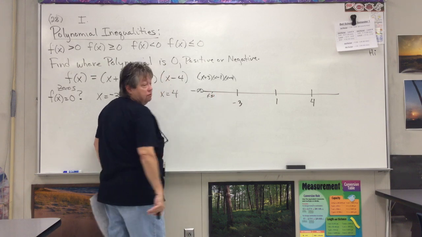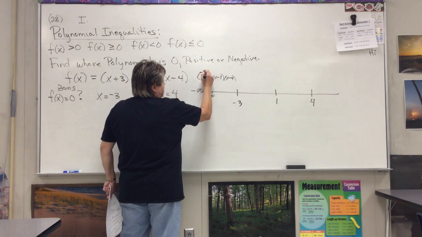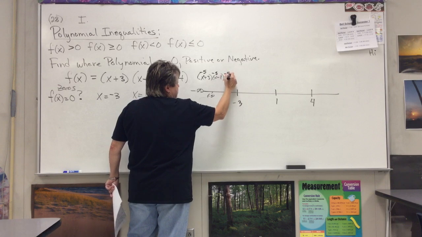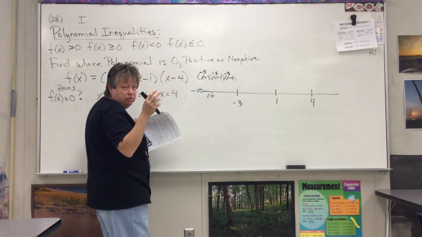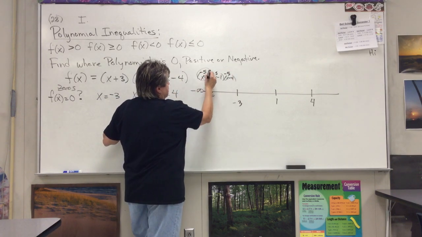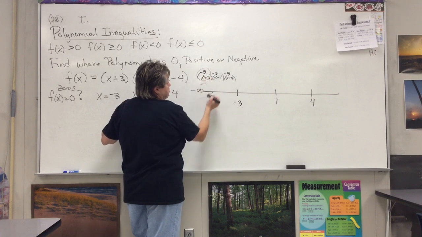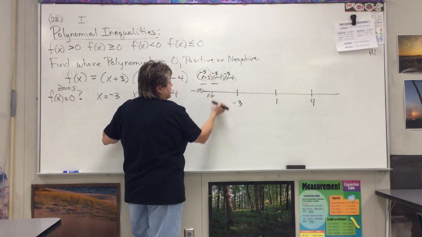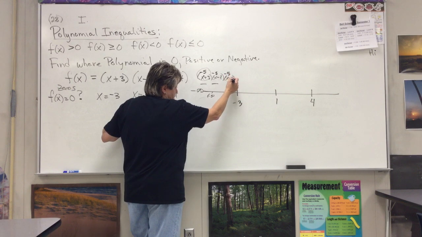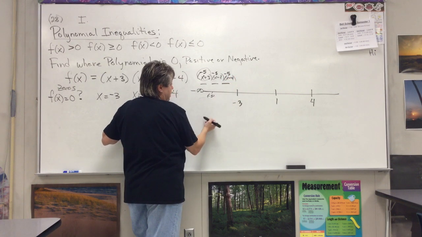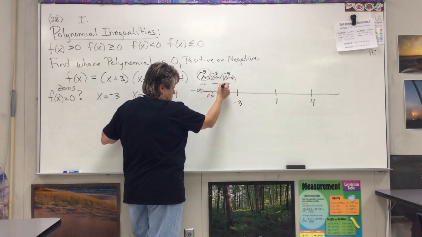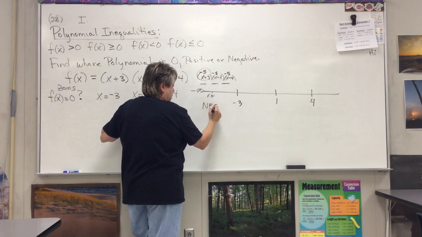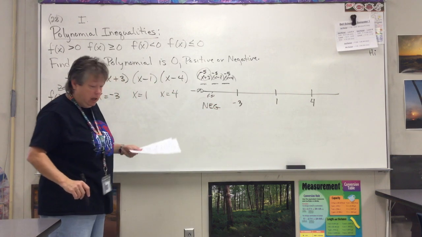Okay, how about negative 5 again? So if I put negative 5 in for all the x's, let's think, are we positive or negative in the answer? So here, negative 5 plus 3 is negative. Negative 5 minus 1 is negative. Negative 5 minus 4, still negative. So a negative and negative is positive times a negative is a negative on the left.